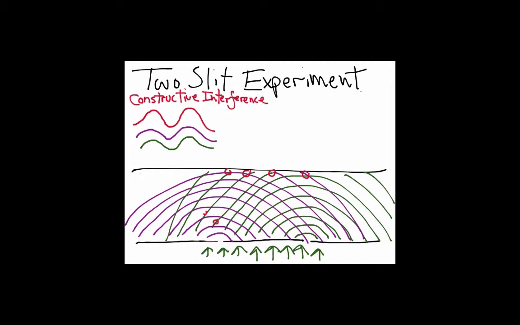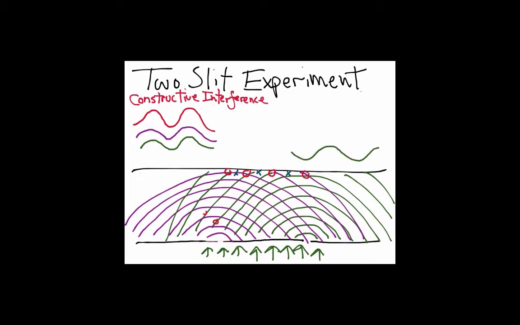Now on the other hand, let's look where we have a peak in the purple wave, but a white bit, a minimum, a trough in the green wave. And so there we have a situation where the waves are not overlapping each other. One is high and the other is low. The peaks and the troughs are overlapping.